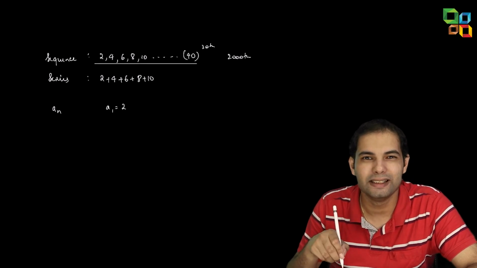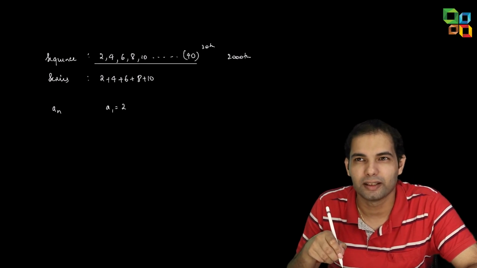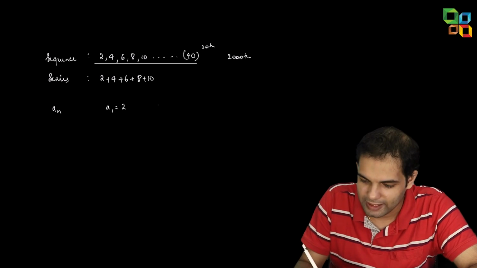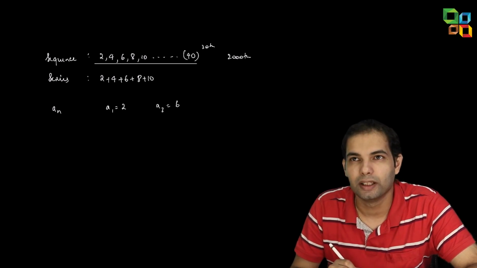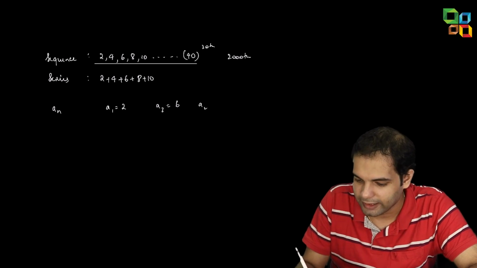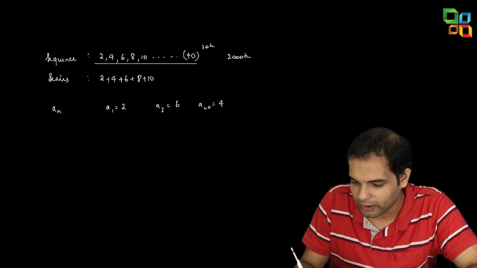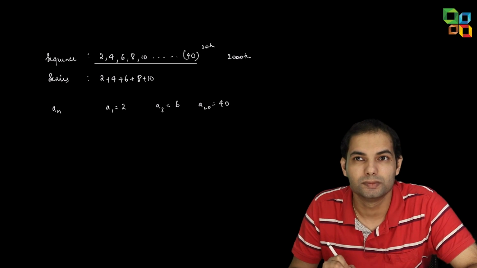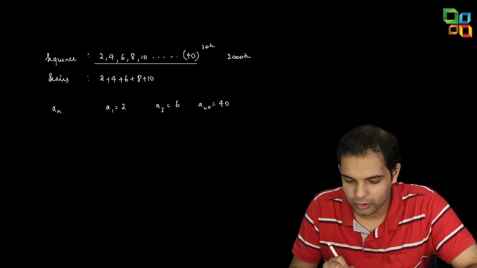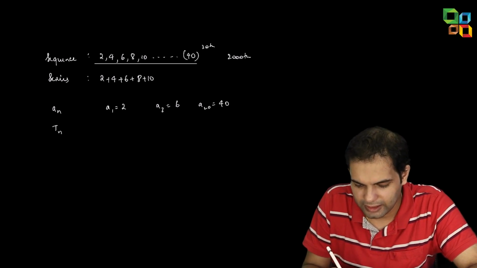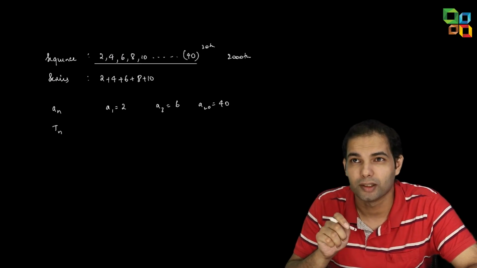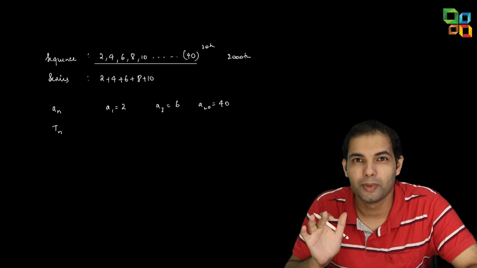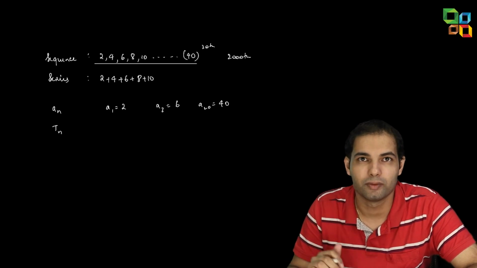So it is easier to recognize. When I ask you a3, you know directly it is the third term I'm talking about. So a3 is nothing but 6. If I say a20, this is nothing but 40, what we have figured out looking at the pattern. Sometimes they use t_n also, which denotes the same thing. It's specific to arithmetic progression, but for now I'll just mention it here so that there's no confusion.